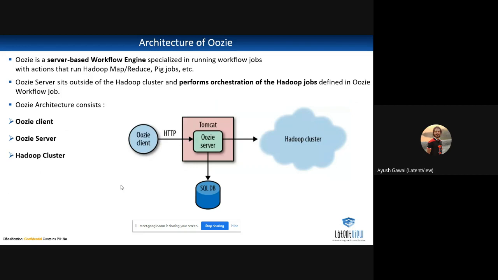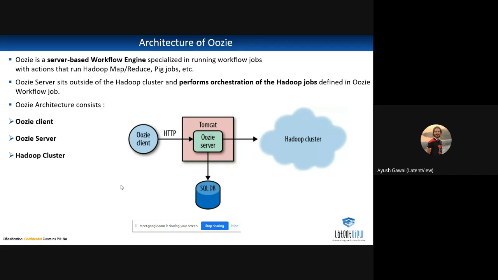As we can see through the diagram, it is a client-server based architecture. The client sends a request to the Oozie server. It can send a request or trigger the jobs using the CLI, SDKs, APIs or a web request, whatever it may be, asking the Oozie server to run these jobs.